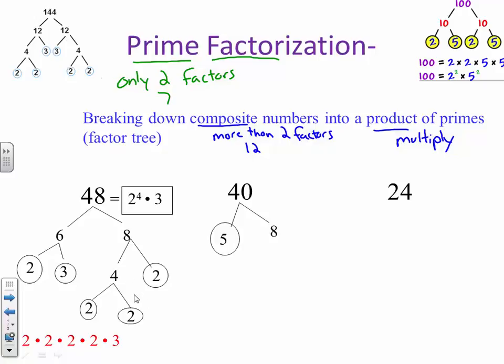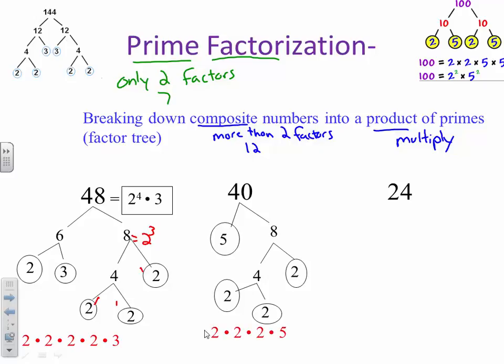I could actually say that 8 is 2 cubed. Right? Because I have 1, 2, 3 2's. Since I already did that, I'm going to write that down here, like so. So I have 2 times 2 times 2 times a 5. So 2 cubed times 5.